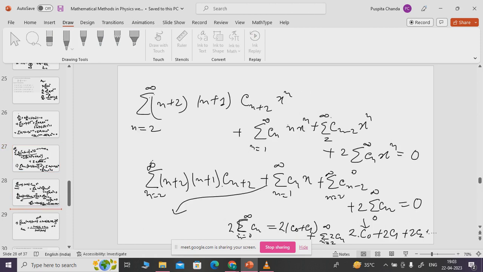Okay, this is n. So this becomes n is equal to 2 to infinity Cn into n plus 1 Cn.